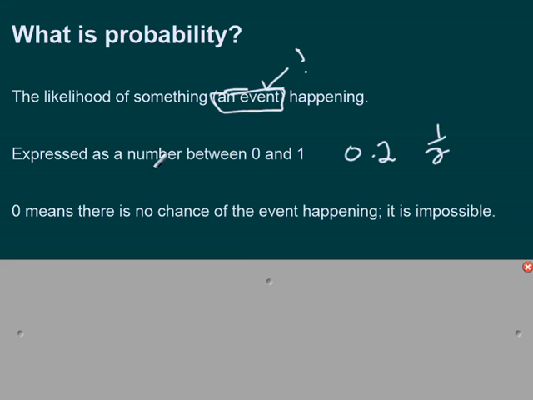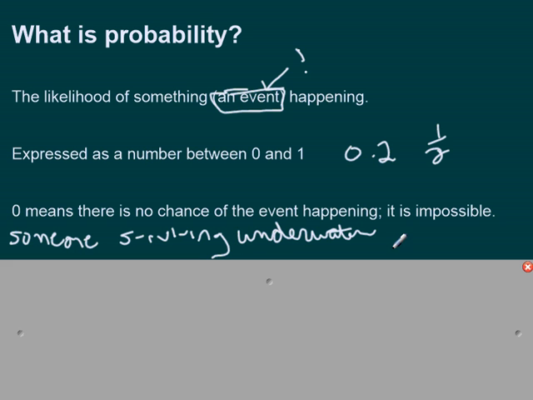So an example of this would be someone, and you should write this down, surviving underwater for 4 hours without a breathing device.